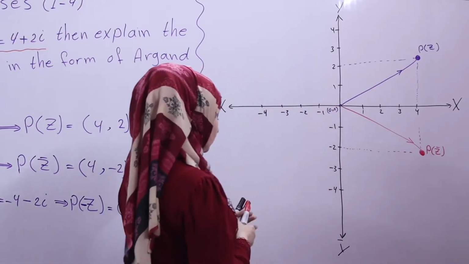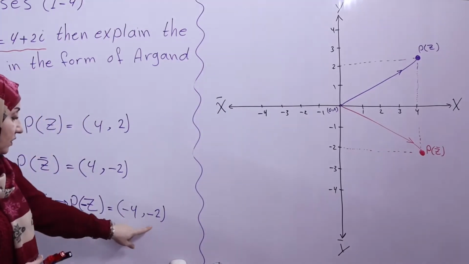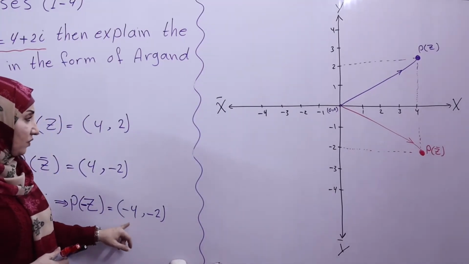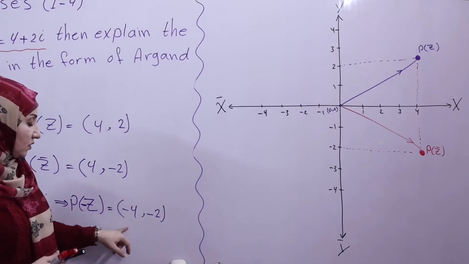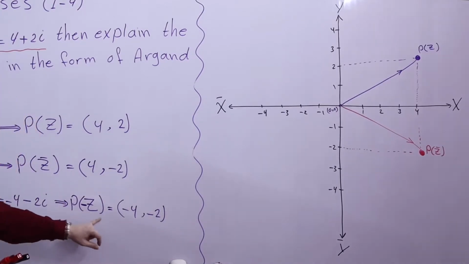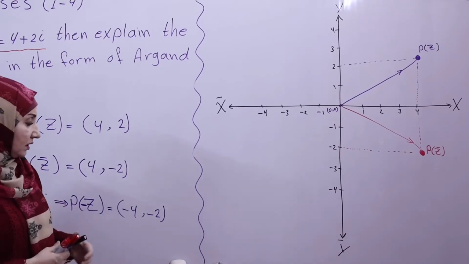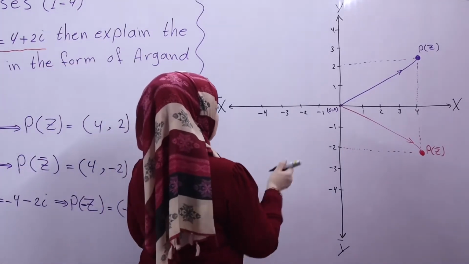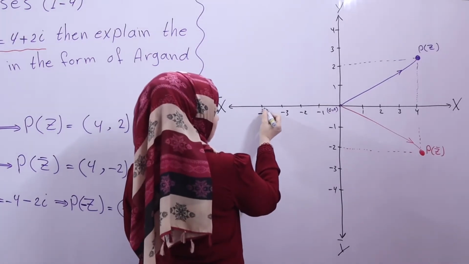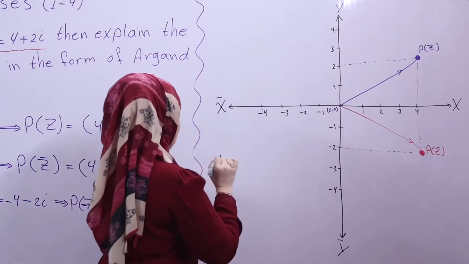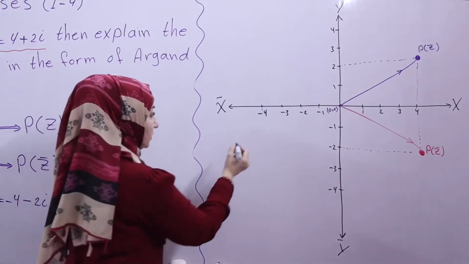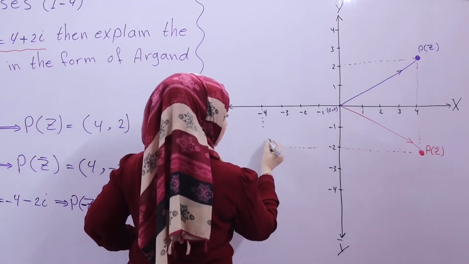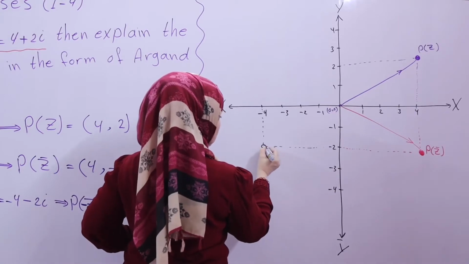Last, we want to find the Argand shape for the additive inverse of the complex number z, whose ordered pair is (negative 4, negative 2). Here is the point negative 4 on the x-axis, and negative 2 on the y-axis. So they will meet at this point.